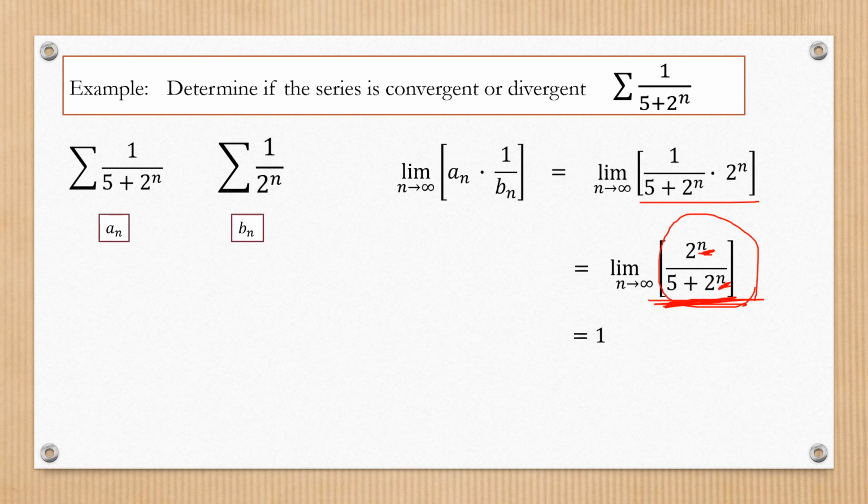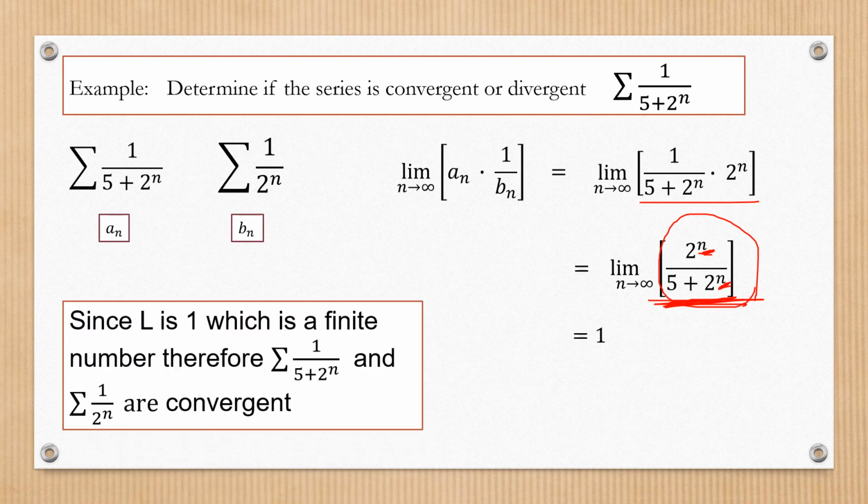That is why our limit is 1. Since the limit is 1, which is finite, therefore the two series, An and Bn, are convergent.